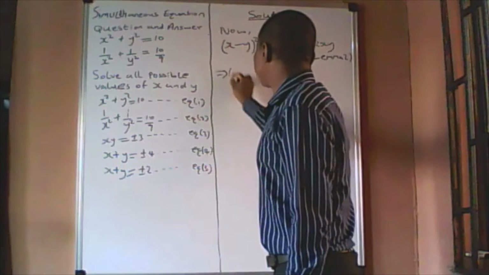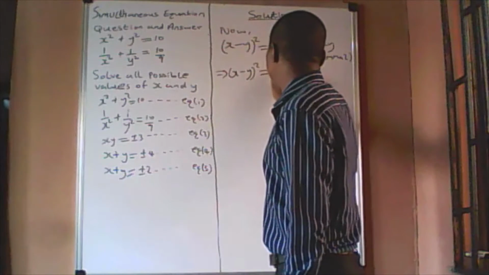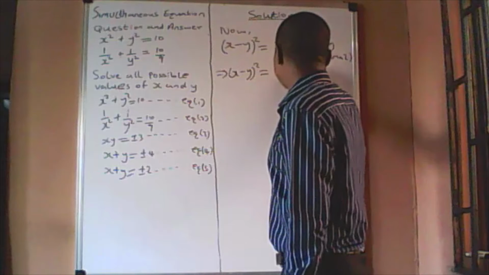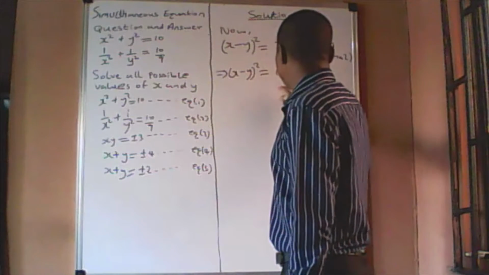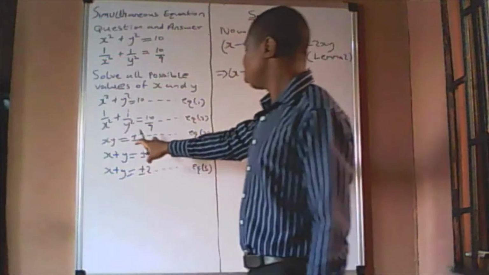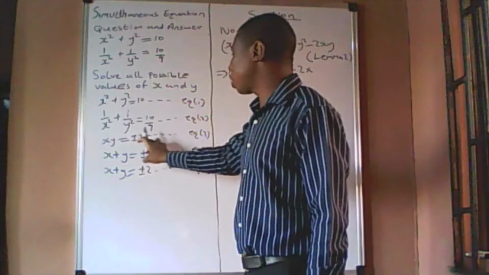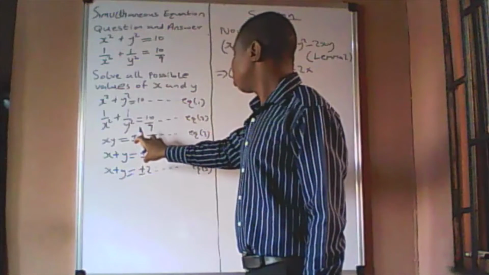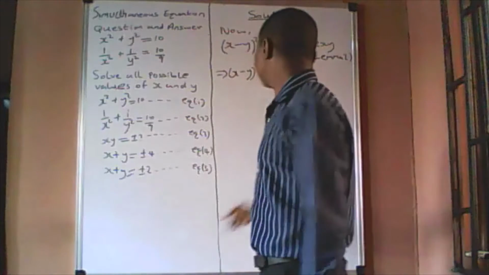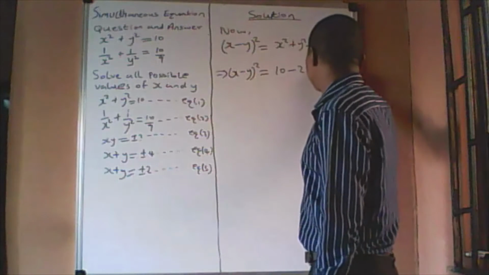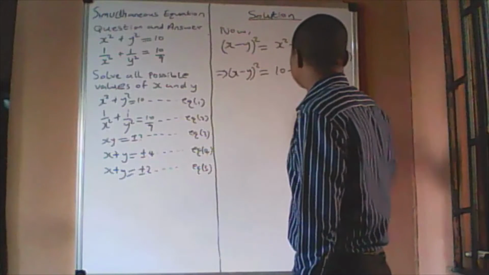It implies (x minus y) power 2 is equal to 10 minus 2 times. Now we are going to consider the plus sign first of equation 3. Consider plus or minus; we are going to consider the plus sign of it, that is plus 3. Substitute here, we have minus 3.